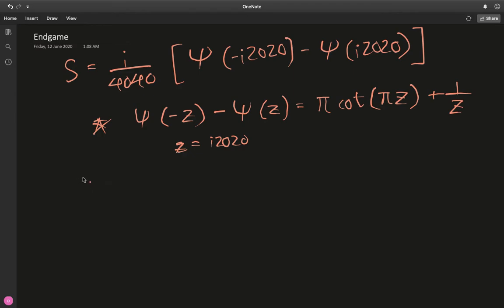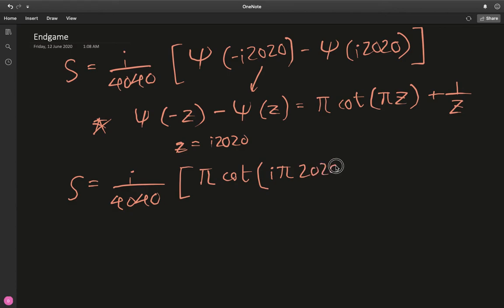So now we can just write our sum as I over 40 times, since this fits in this form, pi times cotangent of z where z is I times 2020. So we have I pi times 2020 plus 1 over I times 2020.